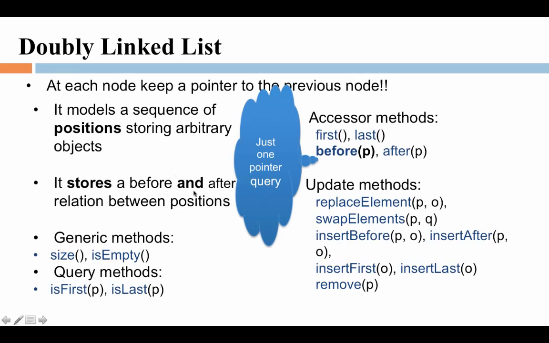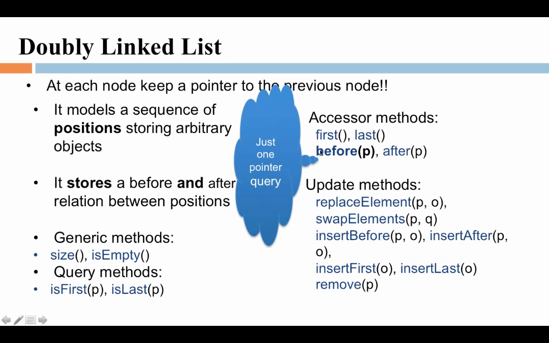We essentially keep pointers to the before and after nodes for each position, except for the head node, or the first node of the list. The immediate predecessor is well defined there, and everything else is very similar to a list. All the methods are essentially similar. But since we are maintaining additional data, the implementations of some of these functions will definitely change.